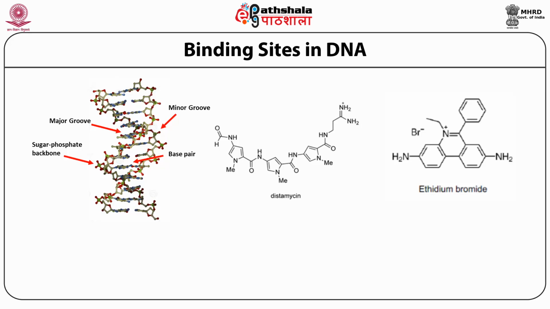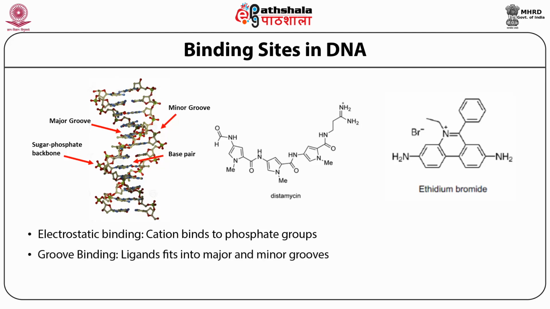We must remember that DNA has a sugar phosphate backbone which is exposed to outside water, but the base pairs, which are hydrophobic in nature, are buried inside. So there can be electrostatic binding to the sugar phosphate backbone, which is negatively charged. Many positively charged cations can get attracted to DNA by electrostatic interaction.